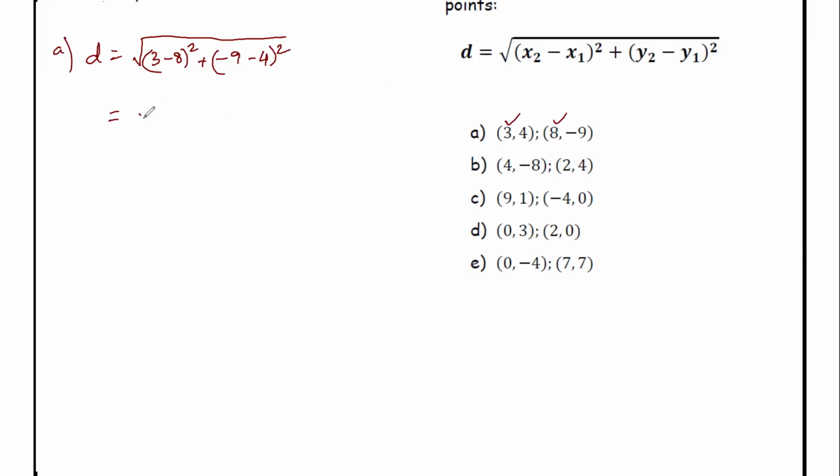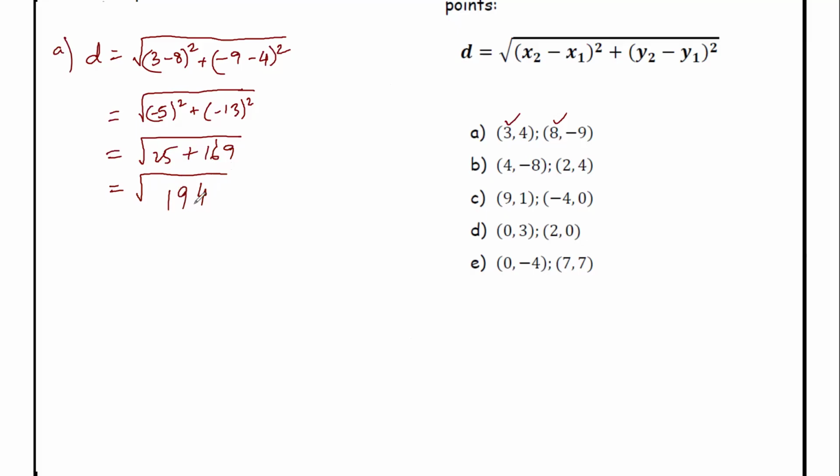So therefore, this is root of 5 square, negative 5 square. Sorry, it is negative 13 square. The root is for the whole thing. So that is root of 25 plus 169, which is root of 194. That's your answer.